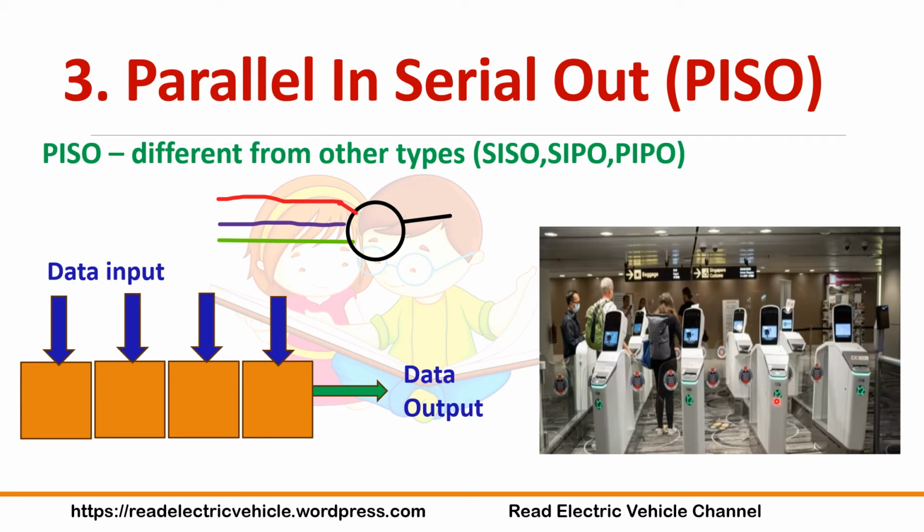We have parallel paths, but finally we have to pass through a single gate, so some congestion will be there. We need to avoid that. The same problem occurs here. We are loading the data, but we can take the data only bit by bit. So we have to change the design for parallel in serial out shift register.